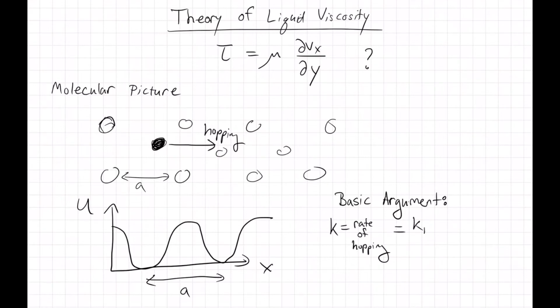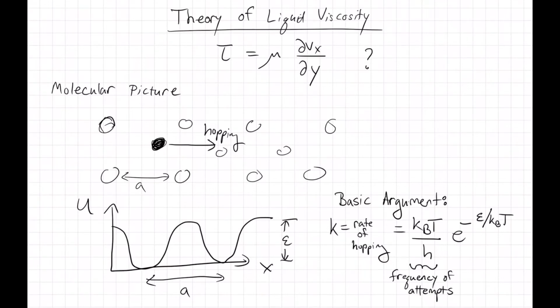One is how rapidly a molecule is bouncing back and forth, making attempts to hop over this barrier. And then the second piece is, on average, what is the probability that if I'm making an attempt to hop over this barrier, I'm going to have enough energy to do it? Mathematically, we can express that as a frequency of oscillation.